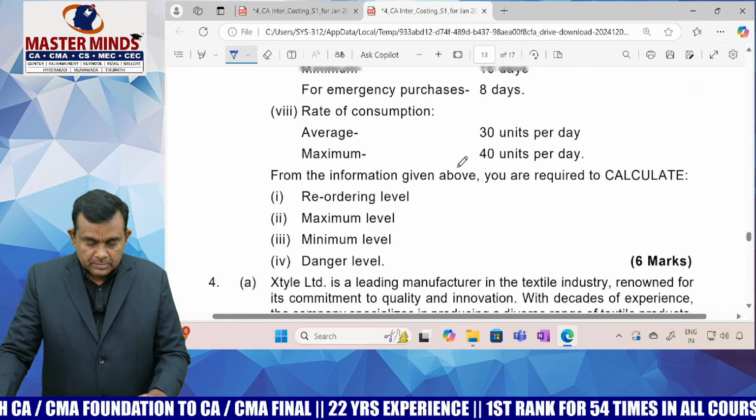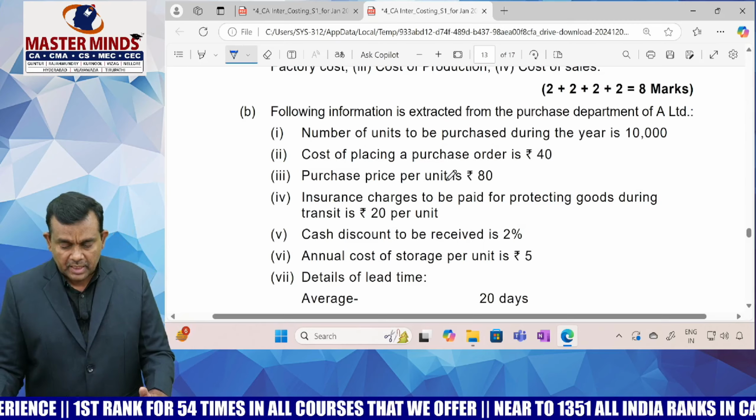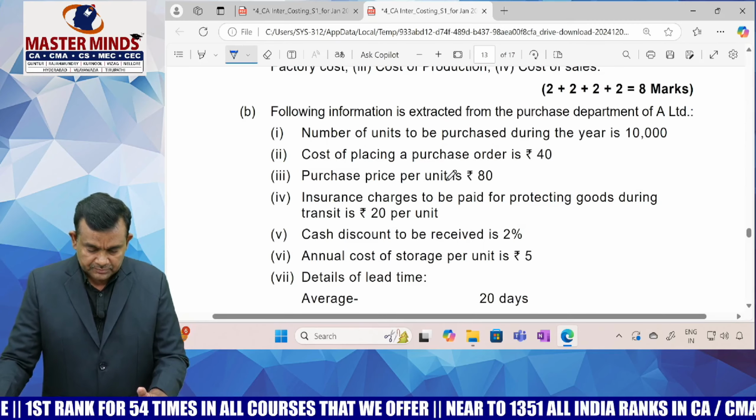Next, B bit, sir. So this question is related to material cost, sir. Here, material details are given: unit price of raw material 80 rupees, ordering cost per order 40 rupees, number of units to be purchased during the year, annual demand of raw material 10,000.